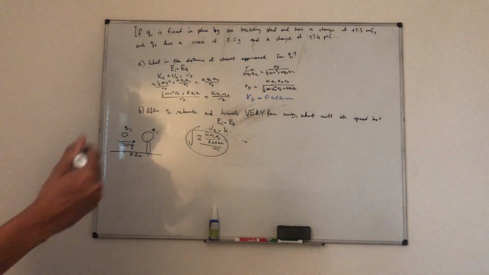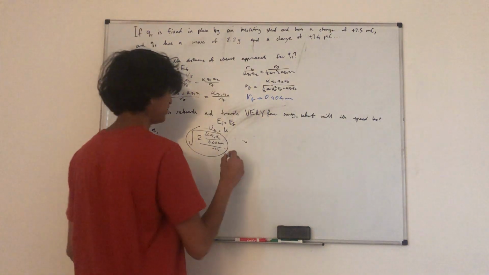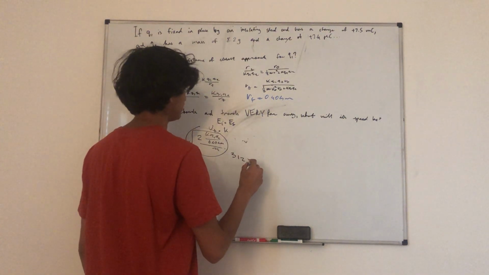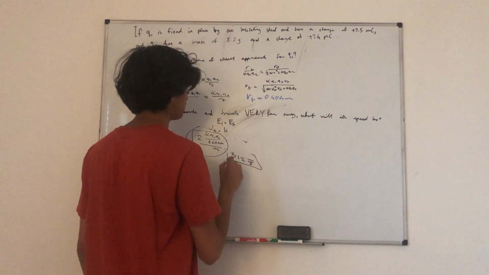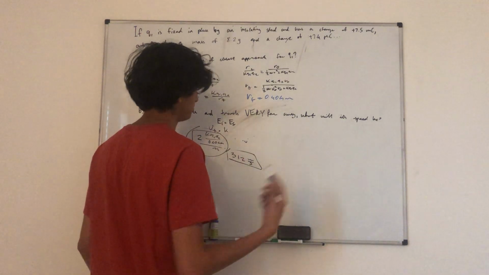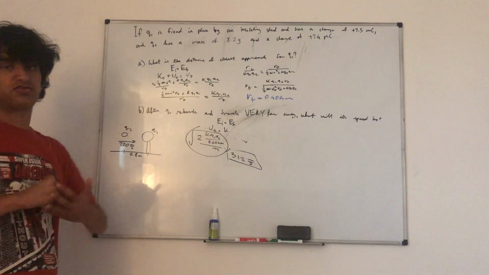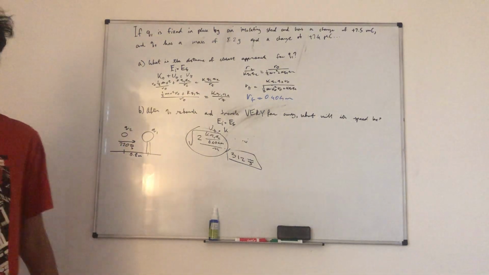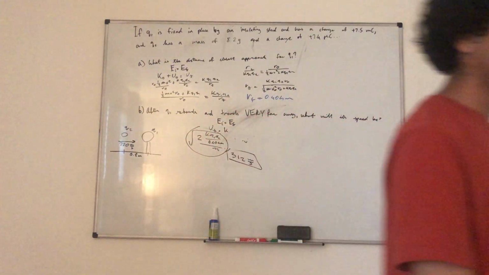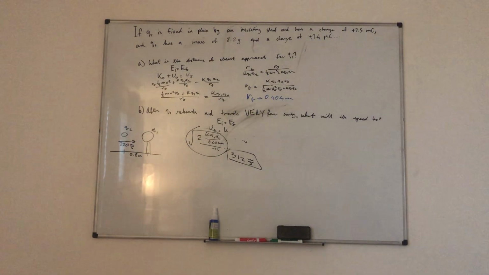Even if I made some calculator errors there, hopefully this whole process of using conservation of energy makes sense. Let me know if you have any questions, as per usual, and I hope you have a good rest of your rainy day.